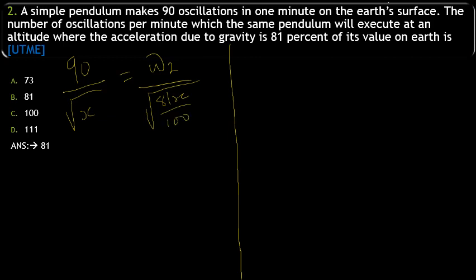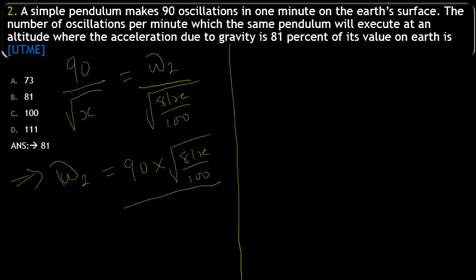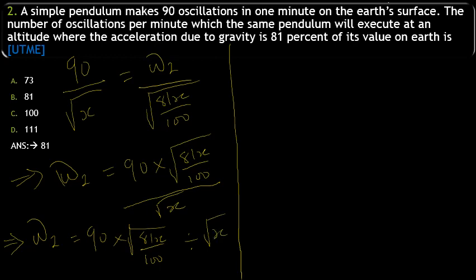Now, if I cross multiply, I will have that omega 2 will be equal to 90 times square root of 81X over 100 divided by square root of X. So this again implies that omega 2 is equal to 90 times square root of 81X over 100 divided by square root of X. Let me finish it up here.